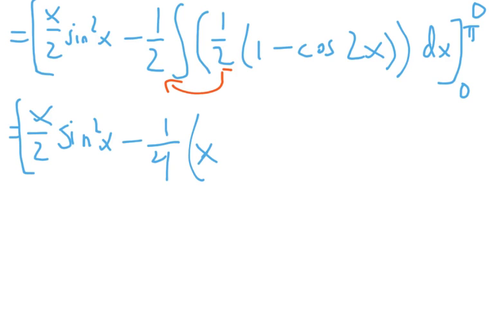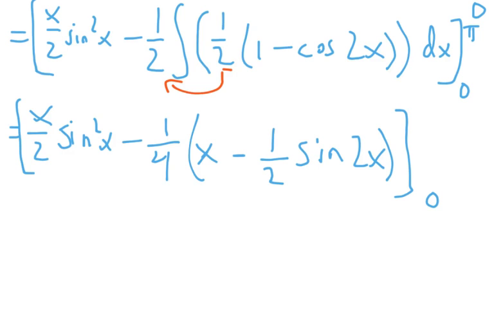If we integrate minus cosine 2x, now the integral of cosine x is sine x. So minus cosine x can be minus sine x, but we're going to have a minus 1/2 on the outside, sine of 2x, all from 0 to pi.